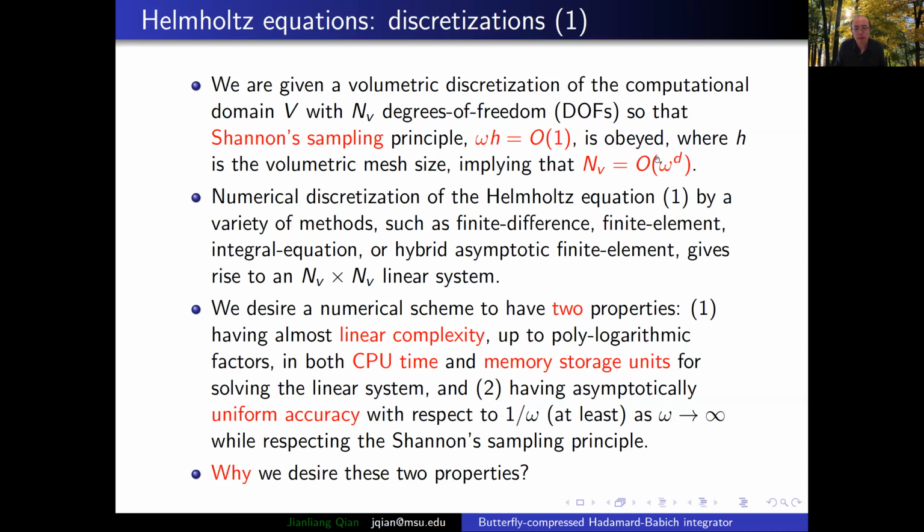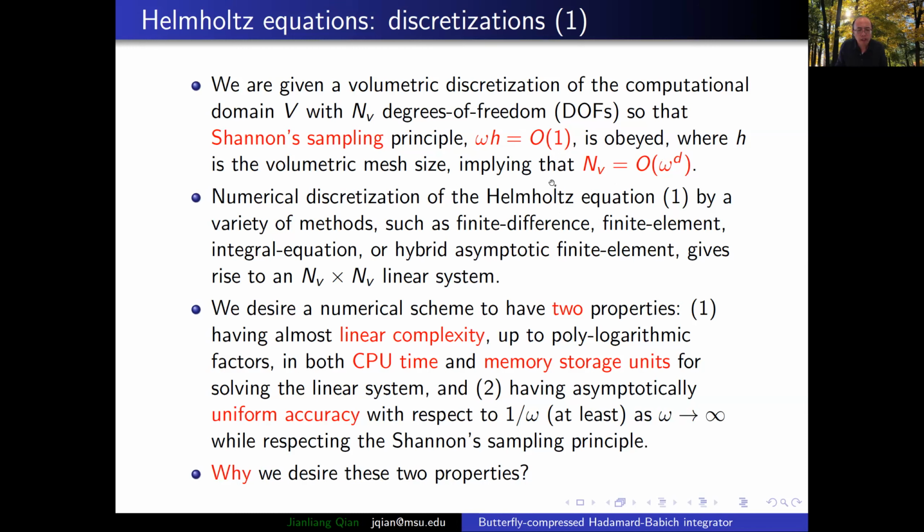This essentially means that the total number of degrees of freedom will be proportional to omega to this power, when we try to solve the Helmholtz equation or wave equation and so on.